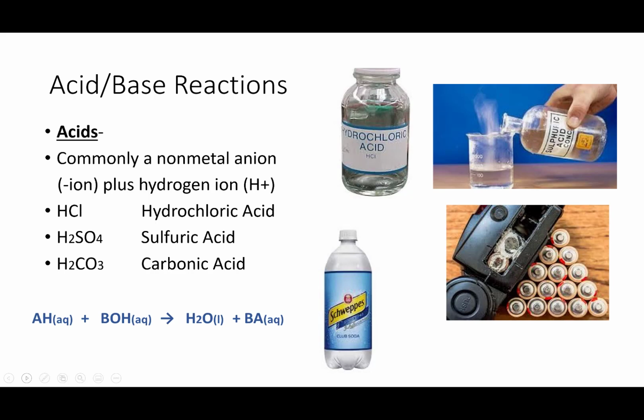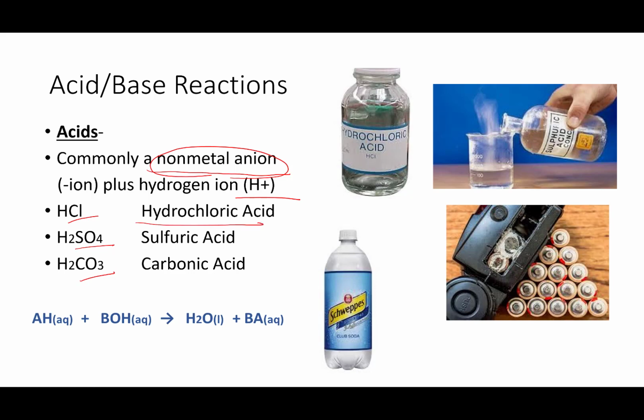Acids. Acids typically are made of a non-metal or anion. So those non-metal anions are things like chlorine, sulfate, carbonate. These non-metallic ions are going to be bonded with hydrogen. And that positive hydrogen ion plus those non-metallic anions are going to give you things like hydrochloric acid.